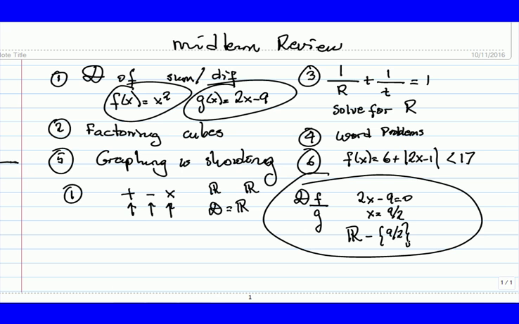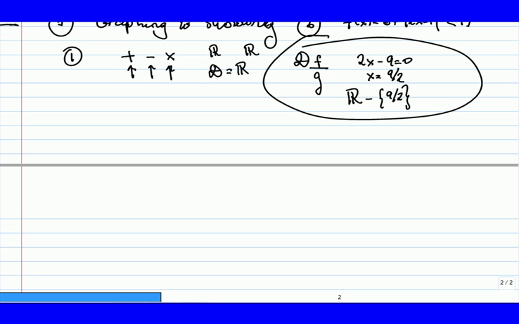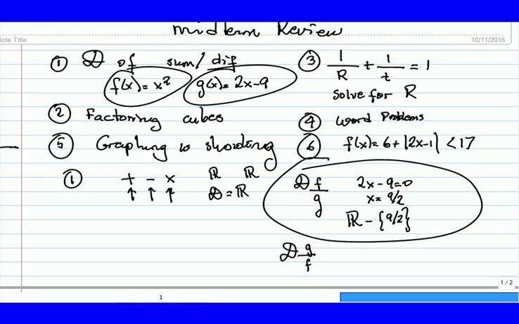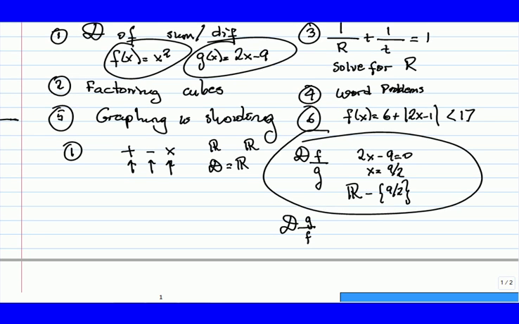For example, let's say they're asking me what's the domain of g over f. The same g and same f. Where is function f 0? It is 0 when x is 0, right?